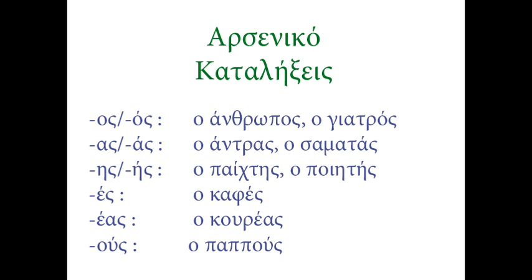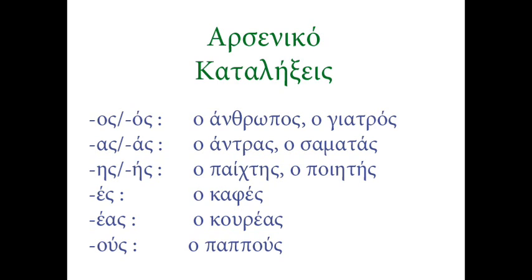So, ο άνθρωπος, which means the human, ο γιατρός, which means the doctor. As we can see, ο άνθρωπος has an accent on the first syllable, but ο γιατρός has an accent on the last syllable. Same thing, ο άντρας, the man, and ο σαματάς, the fuss. Same thing is ο παίχτης, which means the player, and ο ποιητής, which means the poet.